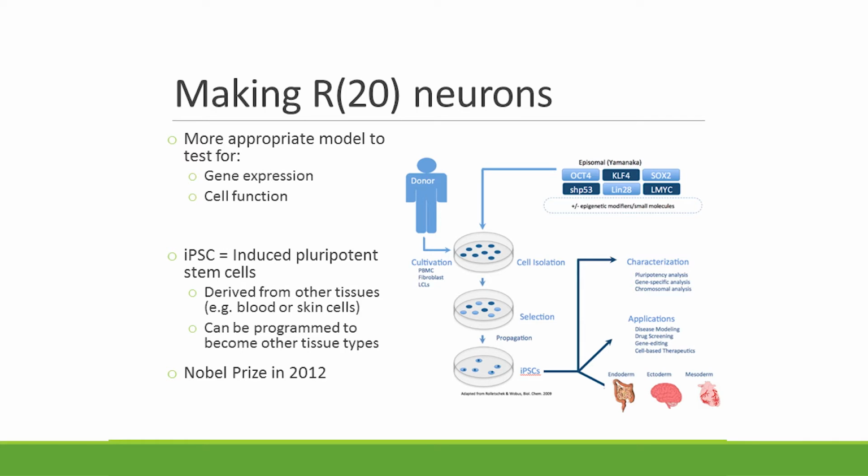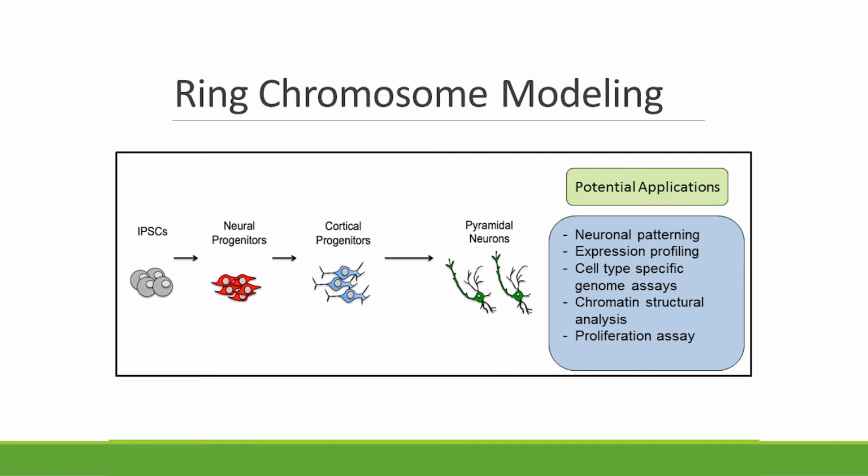So we were hoping that we could use this to take our normal and our ring cells from the same patient and try to make some neuronal cells. This is just showing that if you start with those induced stem cells, you can make neuronal progenitor cells and then hopefully make neurons.